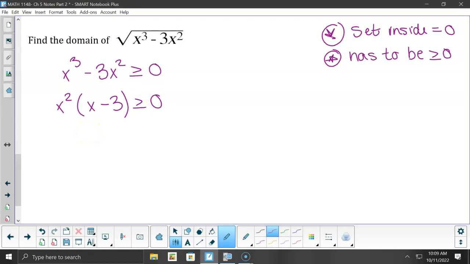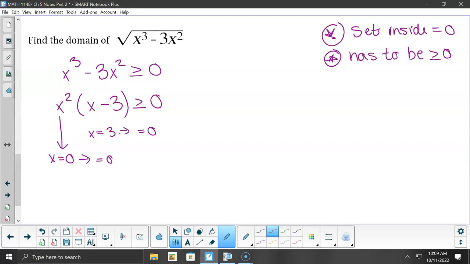So 3 is where it equals 0, right? So when x equals 3, it's equal to 0. And then when this one is 0, then it is equal to 0 as well. Yes? Now the problem becomes, where is it greater than 0?